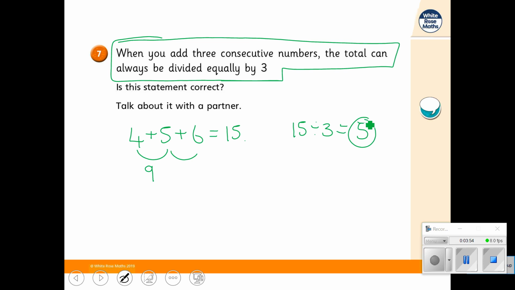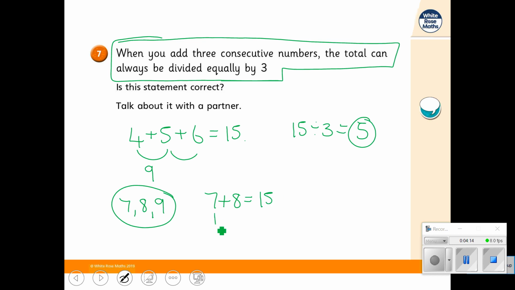Let me try some more numbers. Let's try 7, 8, and 9. 3 consecutive numbers. Let's see. So 7 add 8 equals, what does it equal? That's right, it equals 15.